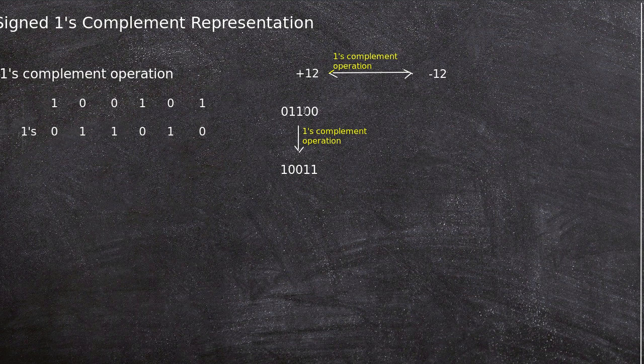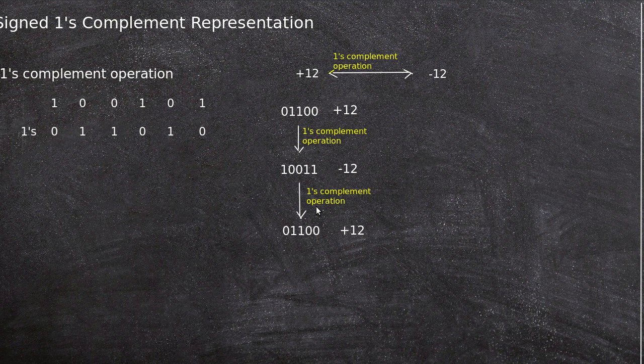Before the 1's complement operation, this signed number was plus 12, and after the 1's complement operation this becomes minus 12. Now if we apply the 1's complement operation on this once more, then we will get back the positive number, that is plus 12.